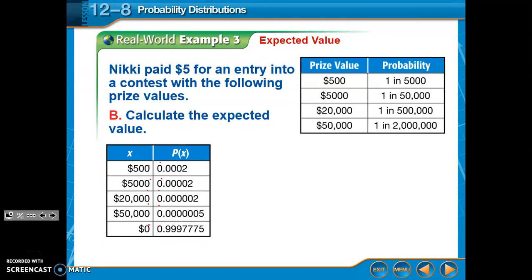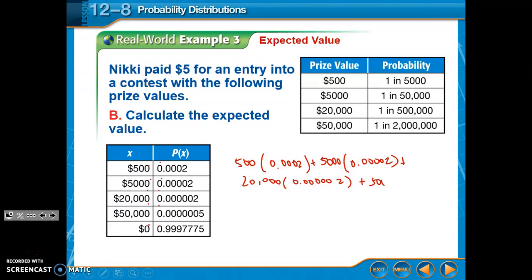When I do this, I'm doing 500 times 0.0002 plus 5,000 times its probability, plus 20,000 times its probability, and 50,000 times its probability.